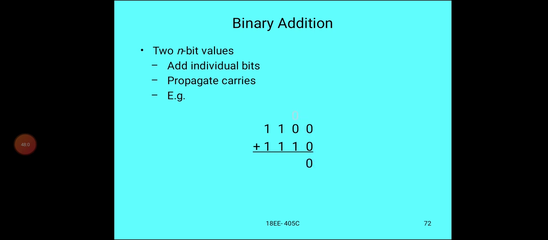So here sum 0 carry 0, sum 1 carry 0, then the carry 1 is forwarded and the sum is 0. Now with three ones, sum is 1, carry is 1.